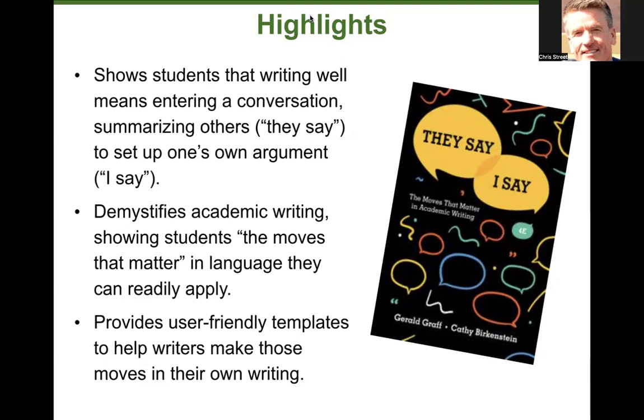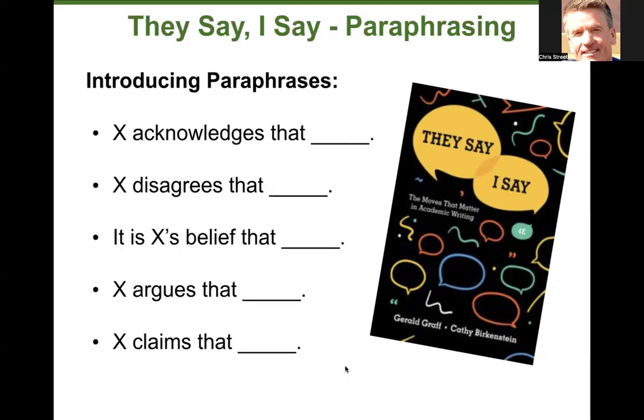So the book is half about helping us understand and summarize well what others are saying so that we can then enter the conversation, set up our own argument, and engage in writing ourselves, the I say portion. It's really all about demystifying academic writing and showing students the moves that matter. And it provides those user-friendly templates to help writers make those moves in their own writing.